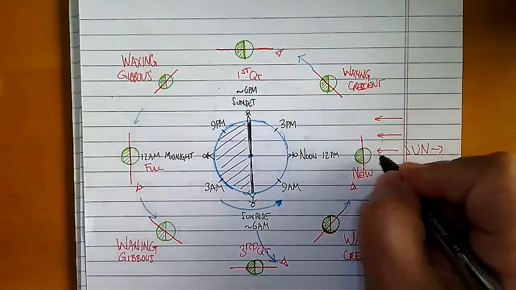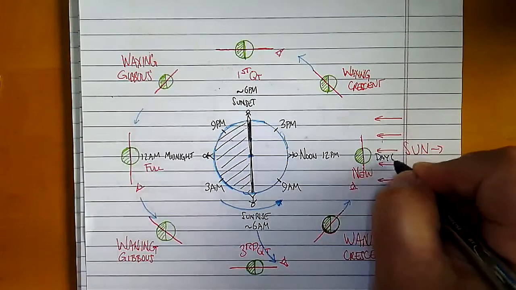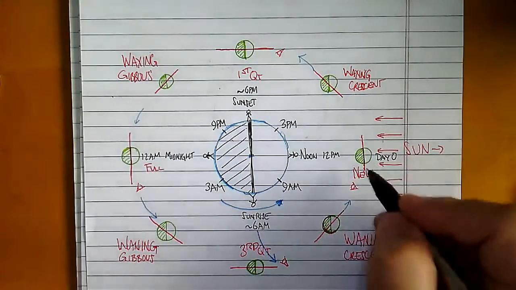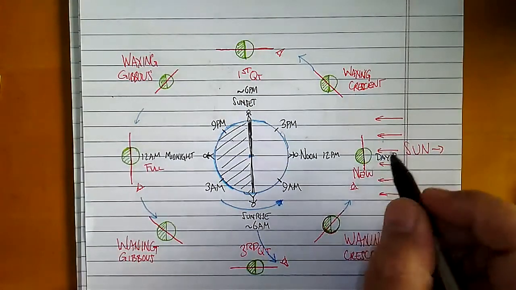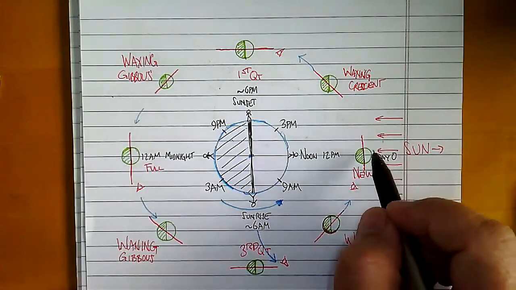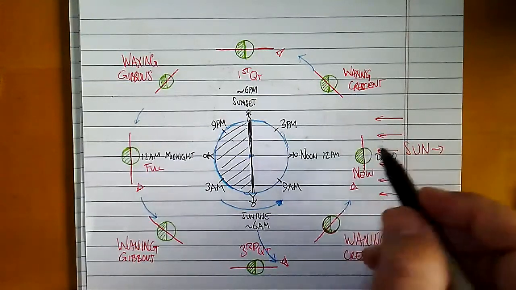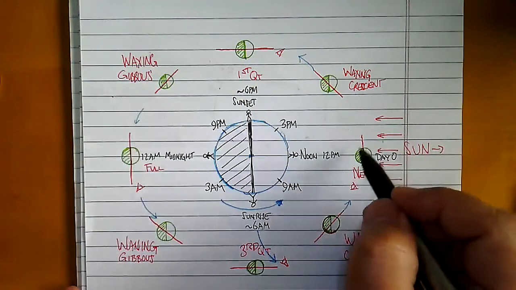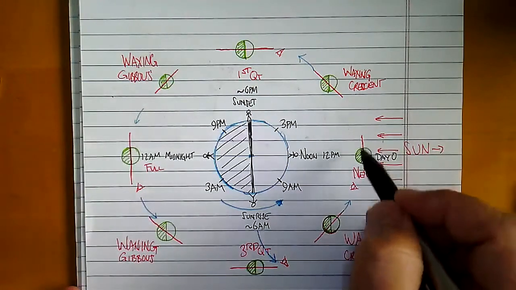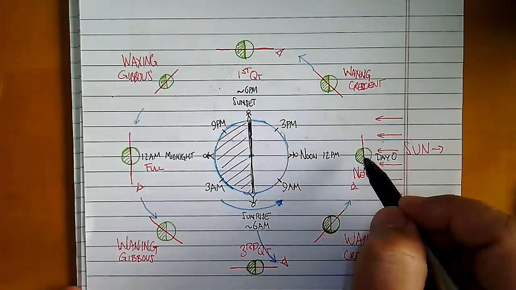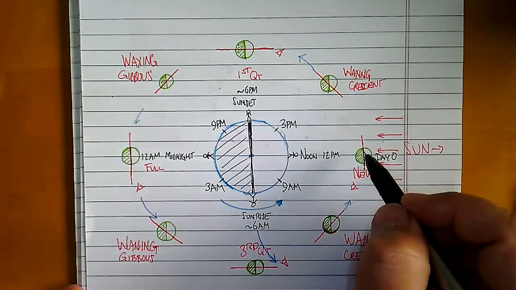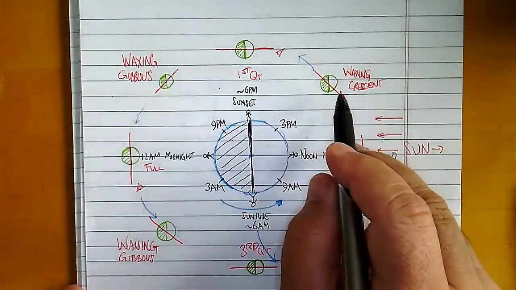So on day 0, we have a new moon. And remember, all these days between, we're treating it like a calendar too. So this whole day 0 is going to be new moon, even though, as I told you, it's just a split second in time. But all the days in between it and this one will be waxing crescent.